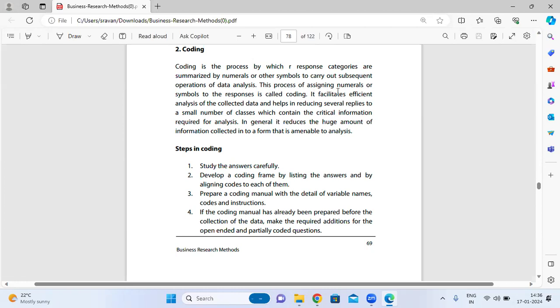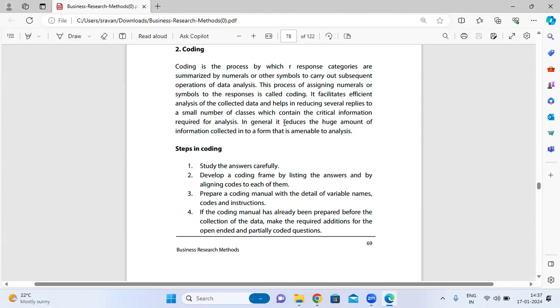It facilitates the efficient analysis of the collected data and helps in reducing the several replies to a small number of classes, which contain the critical information required for analysis.